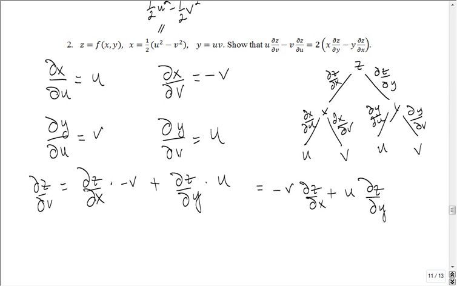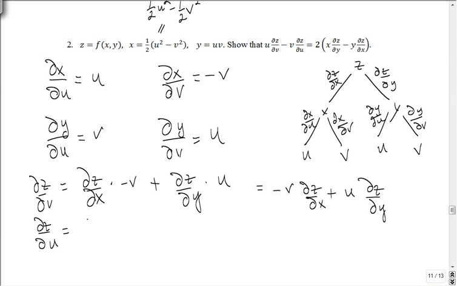When you are done, now let's do the other one, partial z, partial u. Follow your tree. So look at the u's and we take them in pairs.